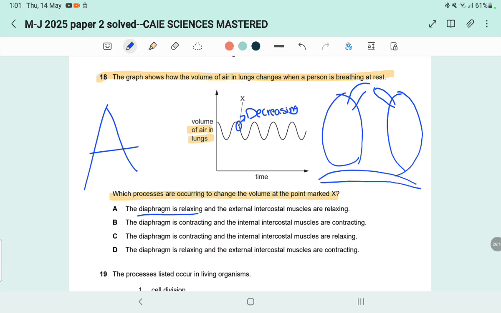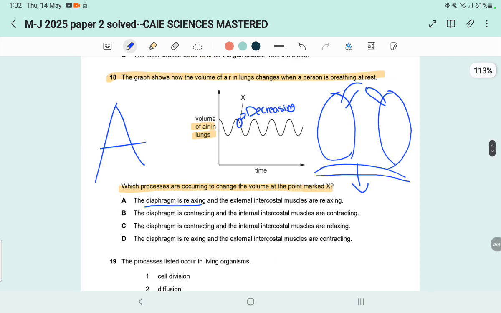Relax so that the air will be forced out. We don't want the air to come in, so it will not contract. Contracting means that this will go down, these bars will go down. We don't want that. We want the air to flow out of the lungs. As you can see in the graph, the volume of air in the lungs is decreasing. So of course the diaphragm and the external intercostal muscles should relax as well.